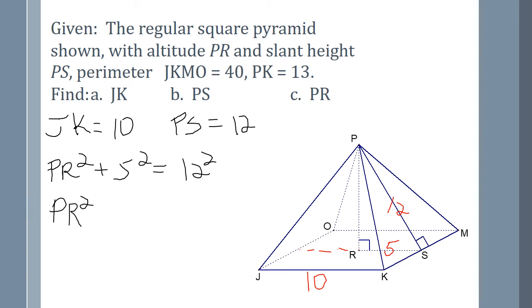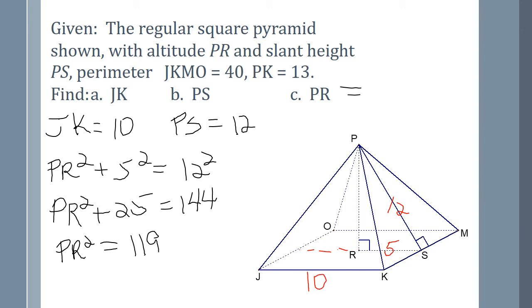PR squared plus 25 equals 144. I'm going to subtract 25 from each side, and I've got PR squared is equal to 119. So we take the square root of each side. PR is equal to the square root of 119, and that is an irrational value, so we'll just leave it at that.